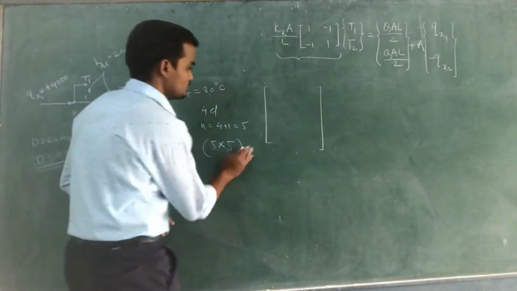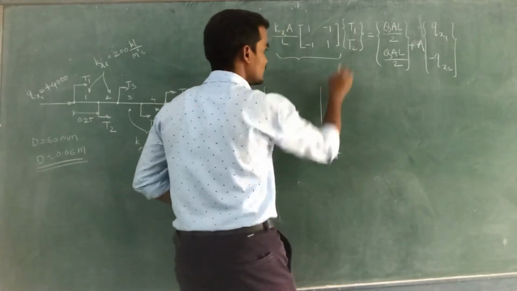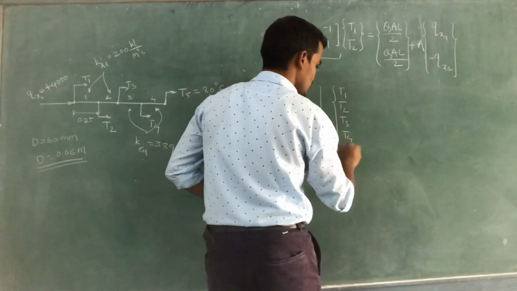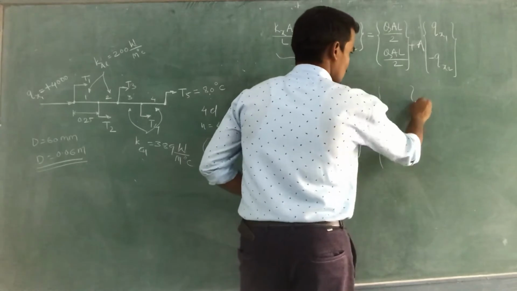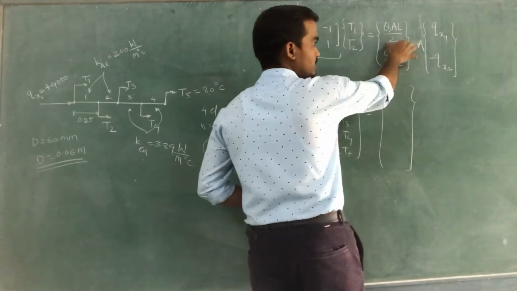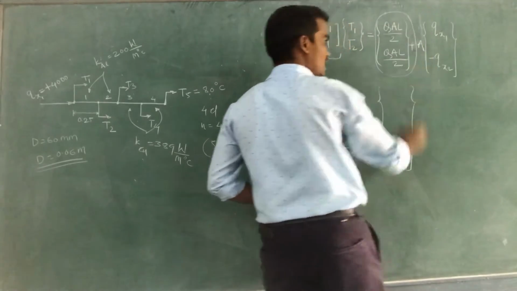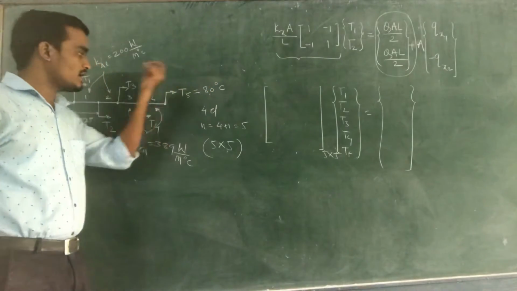Then you will get the temperature distribution T1, T2, T3, T4 and T5 equal to the boundary condition. This boundary condition needs to be applied at every element.